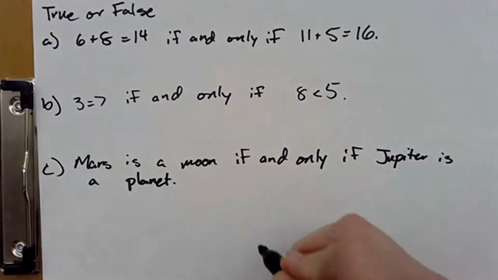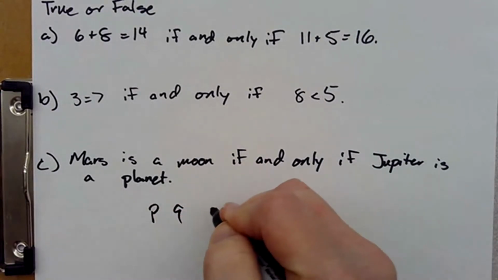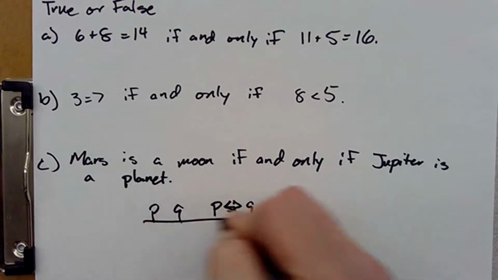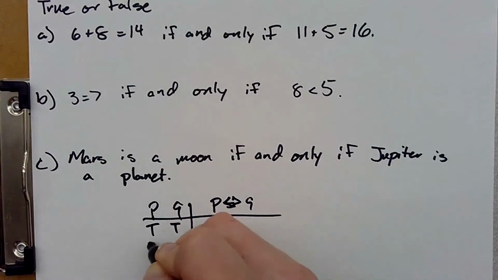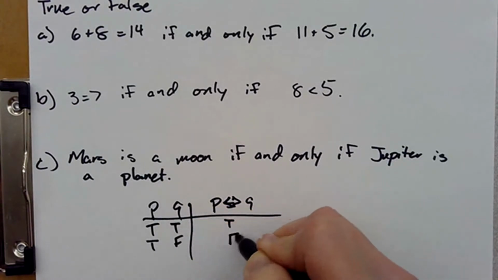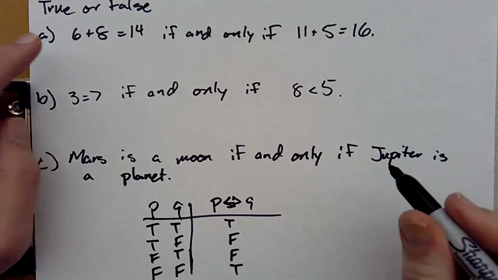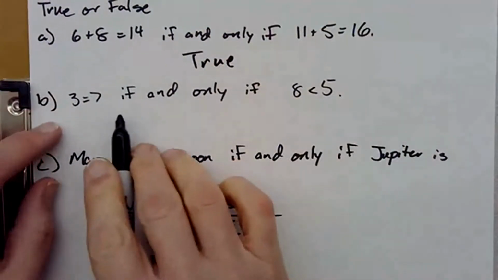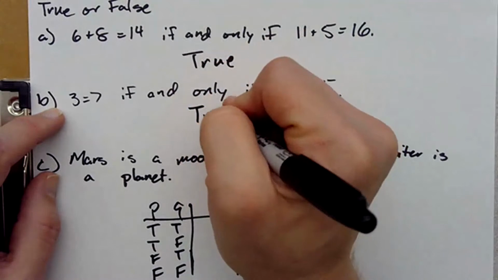Okay, well, remember that for biconditionals, we have this truth table: true, true, true; true, false, false; false, true, false; false, false, true. Okay, so here, these are both true statements, so this is a true statement overall. 3 equals 7, false, if and only if 8 is less than 5, also false, so this is also true.